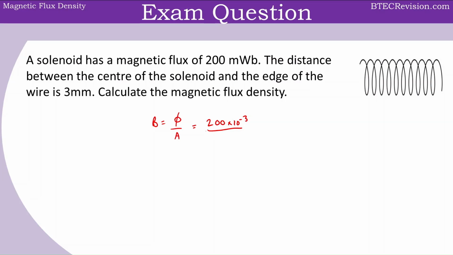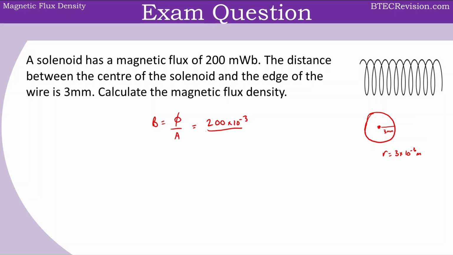Looking at the solenoid, which is a coiled wire, looking at the side view, it would look something like this. So a circle. And from the center of the solenoid to the edge is a distance of 3 millimeters. So that's going to be the radius. And the radius is 3 times 10 to the power of minus 3 because it's millimeters.